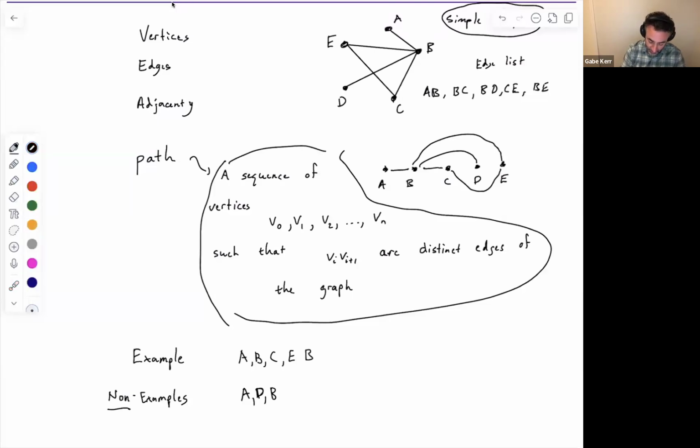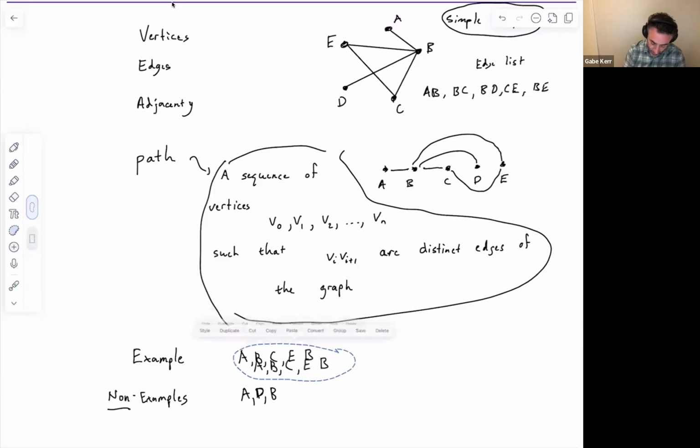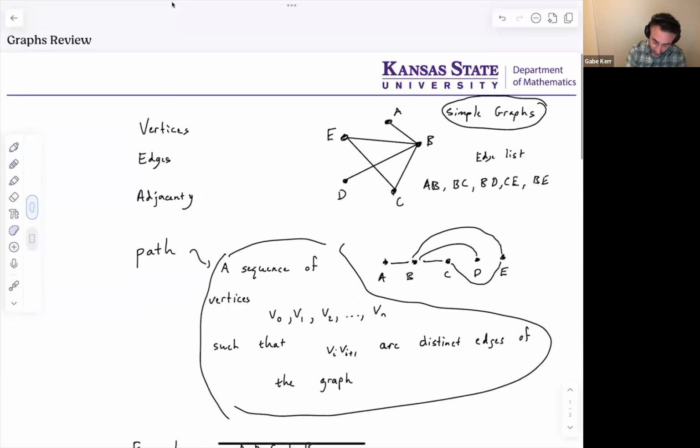Another non-example would be the one I just had, which was a path, but I decide to keep going. Sorry, let me move my picture down so that I can refer to it.